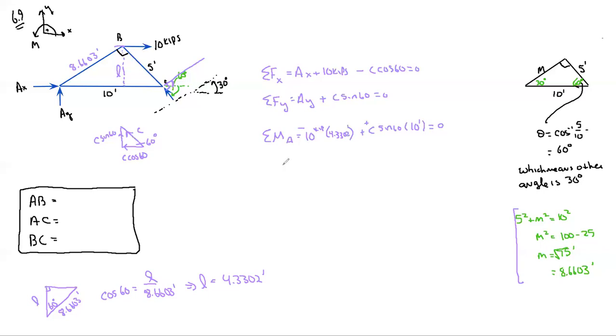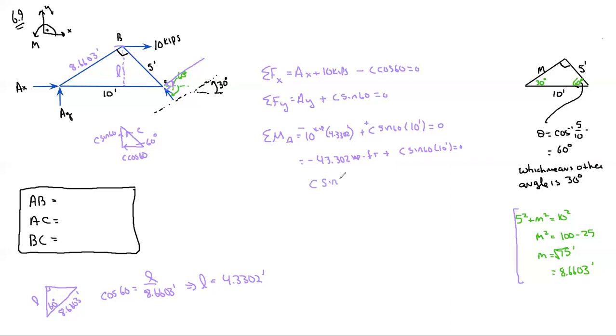4.3302 feet. And if we do the arithmetic, this is negative 43.302 kip feet, plus C times the sine of 60 times 10 feet equal to 0. Add 43.302 to both sides.